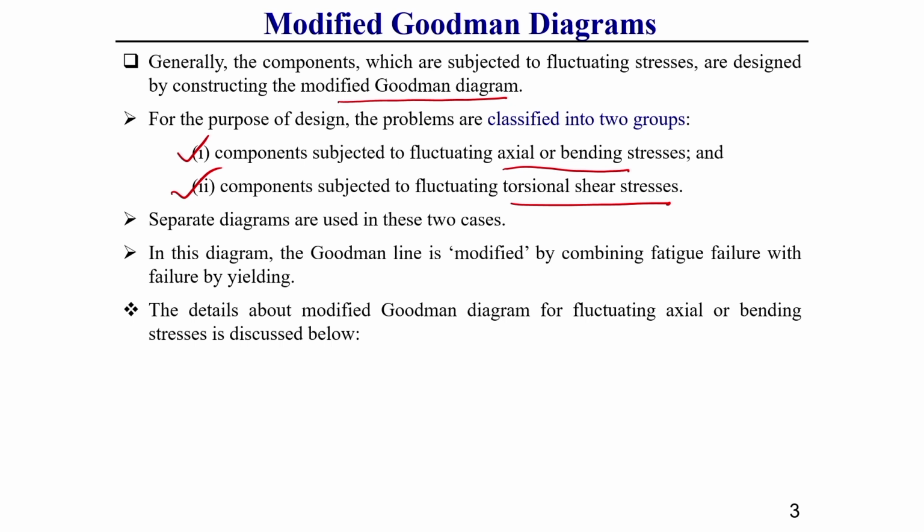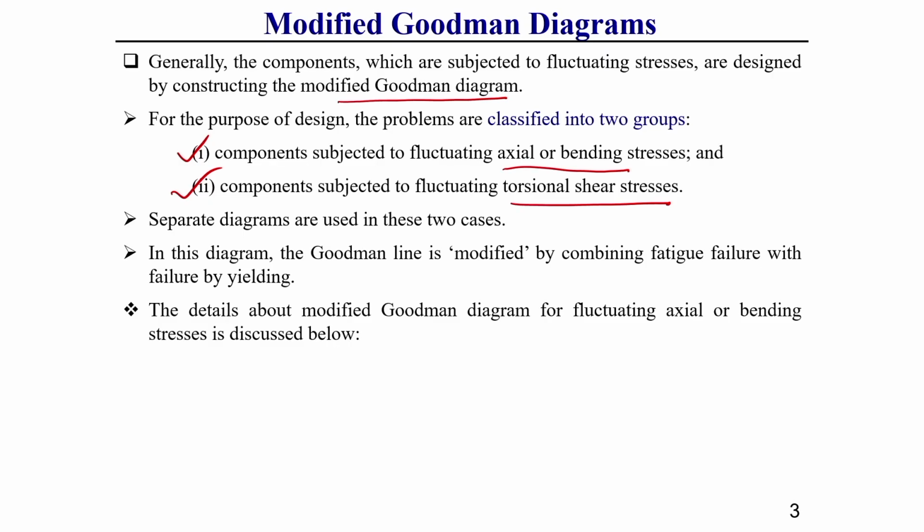Whereas in the case of fluctuating torsional shear stresses, some steps we follow are different from those for axial or bending stresses. You should keep this in mind. That is why we make two different groups for fluctuating stress design.